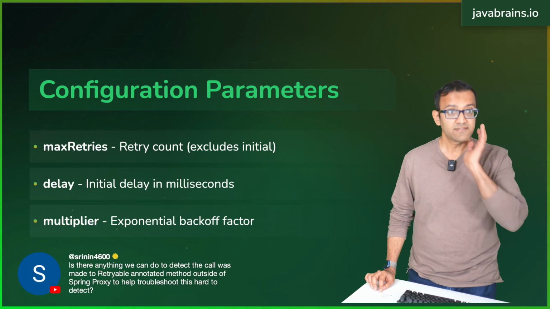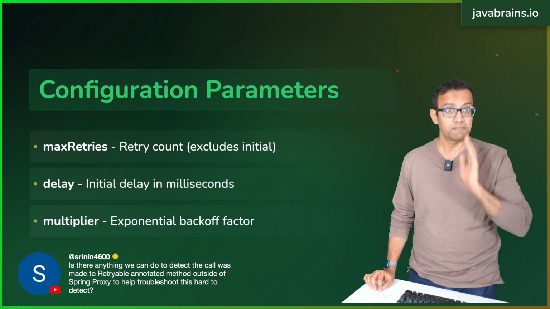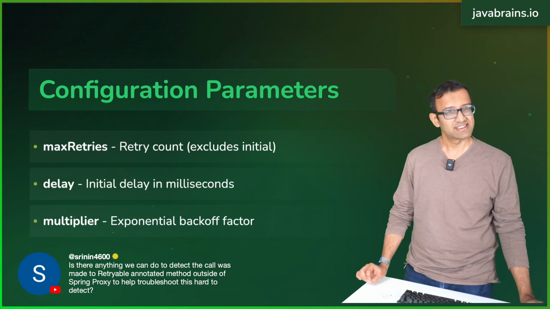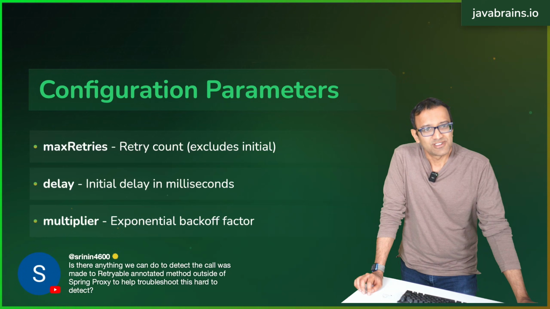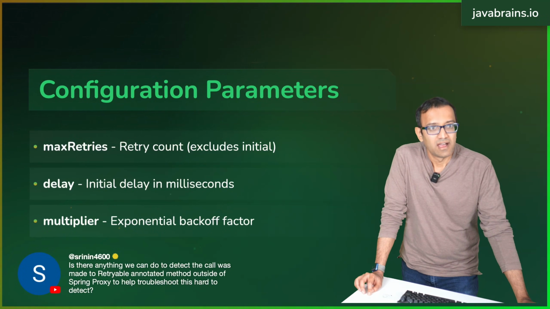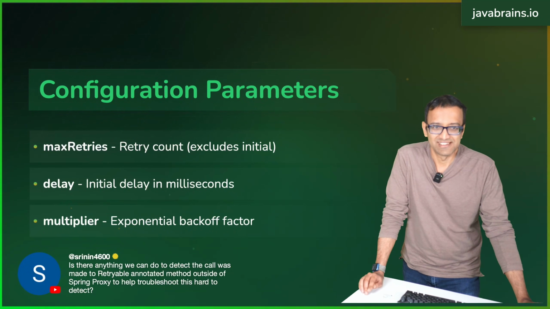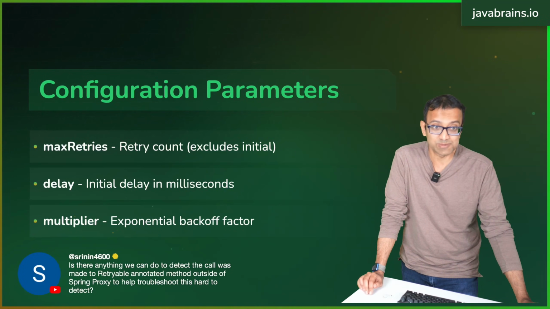Okay, is there anything we can do to detect that the call was made to a retriable annotated method outside of the Spring Proxy to help troubleshoot? This is hard to detect. I'm not sure I understand. If the call was made to a retriable annotated method outside of the Spring Proxy, Spring cannot help you with that by definition. What you're asking is, is there a way to detect a direct invocation that didn't go through the Spring Proxy?